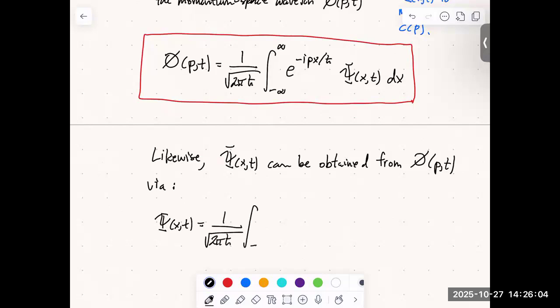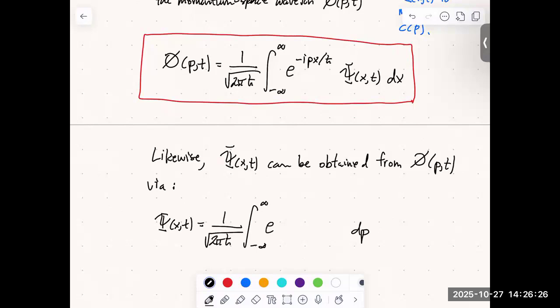Okay, so it looks similar, except what's going to be different is we're going to integrate with respect to momentum. There's going to be some functions of x and p in here, but once I evaluate the p integral, I'm going to be left with just a function of the position.